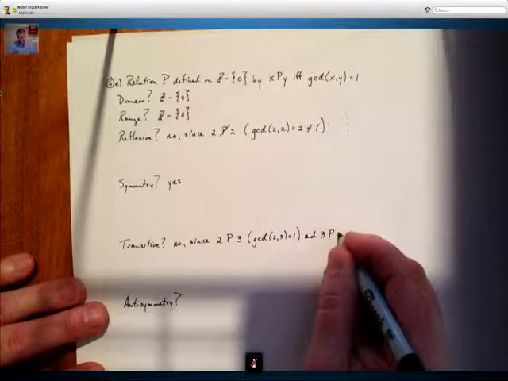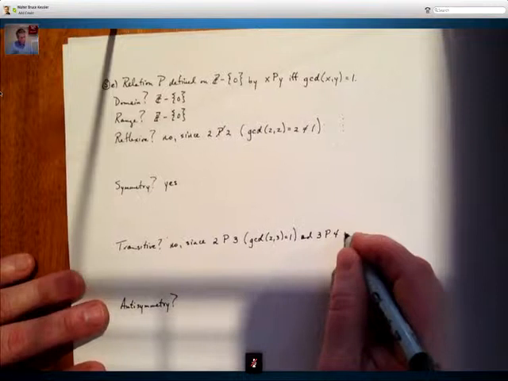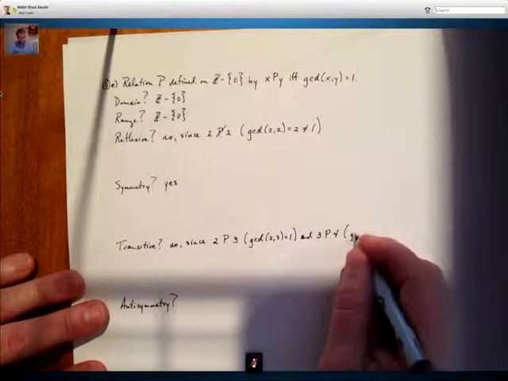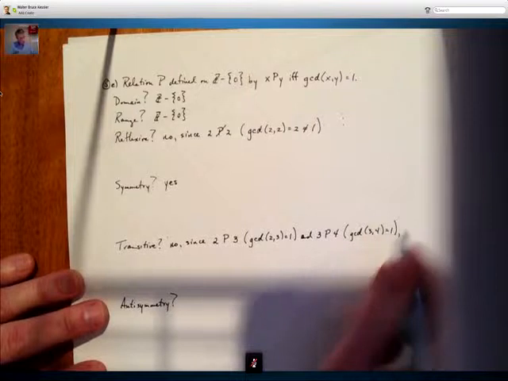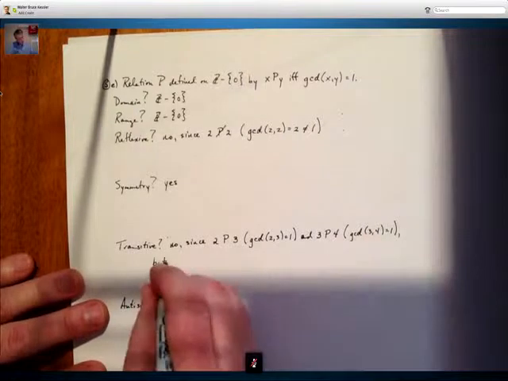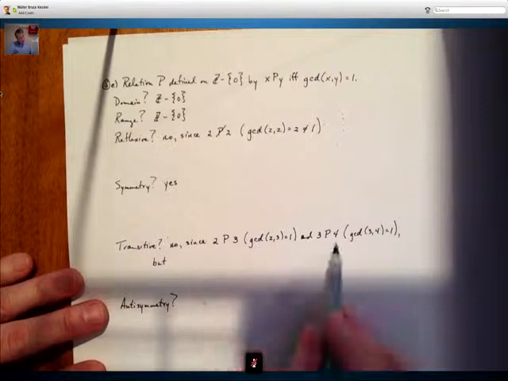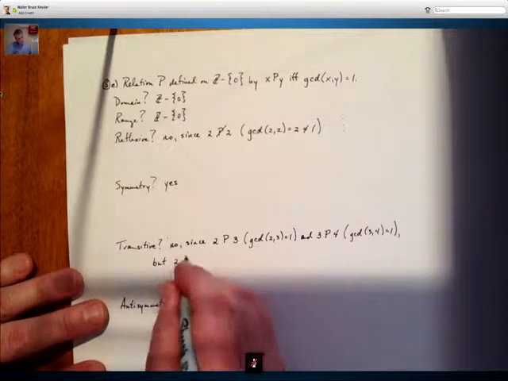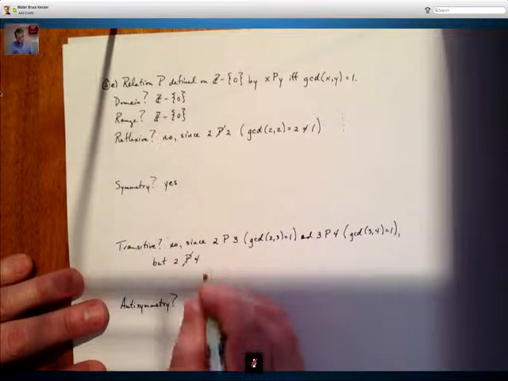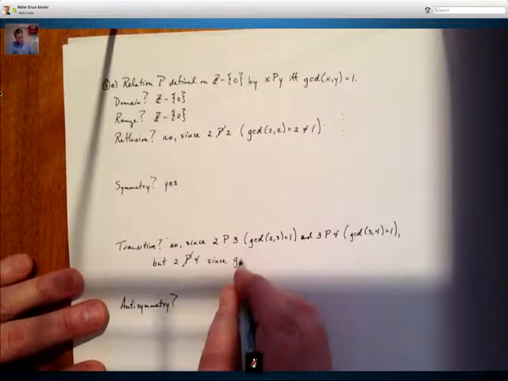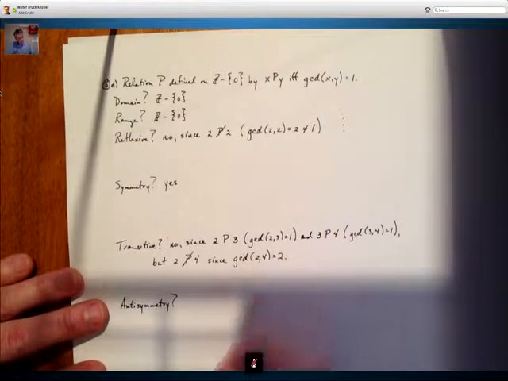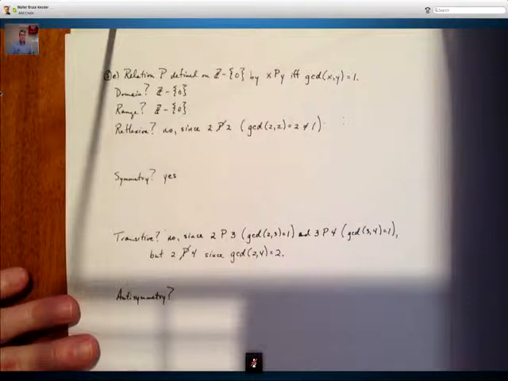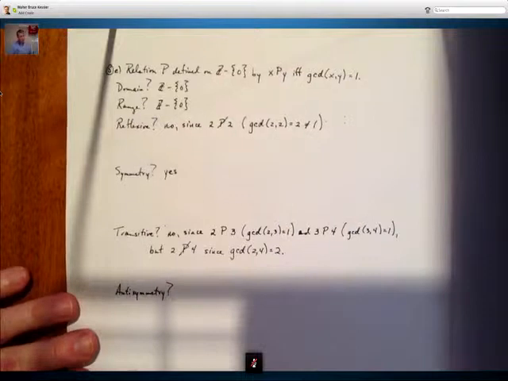And 3 is related to 4. Greatest common divisor of 3 and 4 is 1. But can't go from 2 to 4. 2 is not related to 4. Since the greatest common divisor of 2 and 4 is 2. Okay.